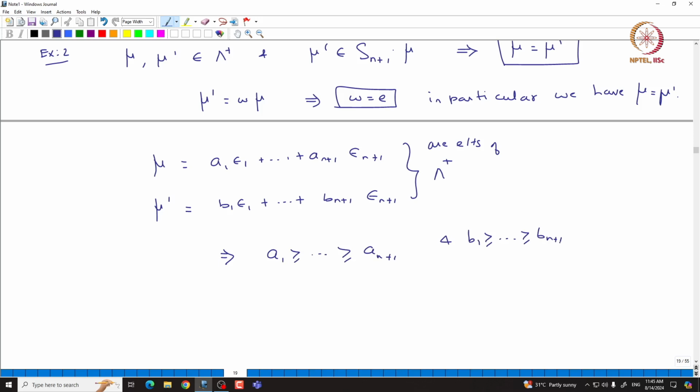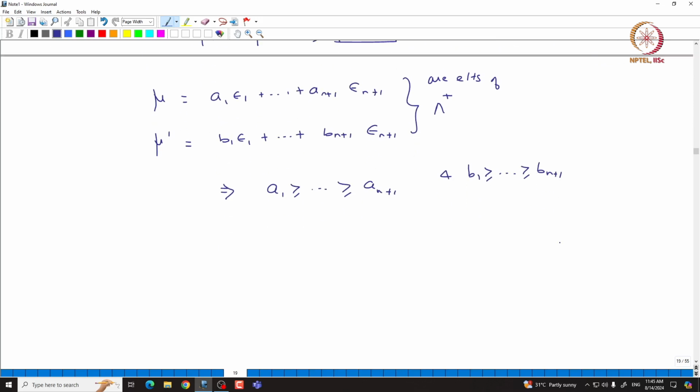So, now if you take w and then permute, for example, the a_i's, then what will happen? If you take w mu, that is going to be a_{w^{-1}(1)} epsilon_1 plus etcetera plus a_{w^{-1}(n+1)} epsilon_{n+1}. So, you are permuting the a_i's and you are claiming that still you are getting the decreasing sequence. Okay. That is not possible unless w is identity.